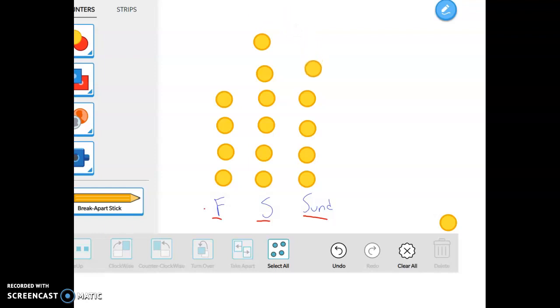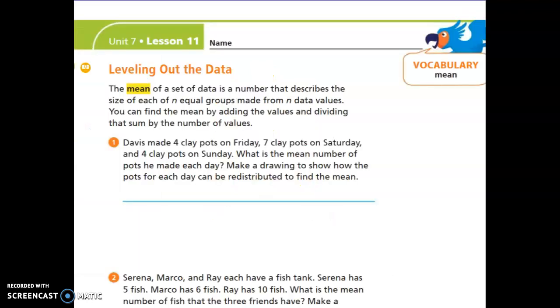I'm going to move this one over here to make this Sunday's column a little taller, and then I'm going to move this counter over here. And now you can see I have the same number of counters for each day. How many is it? 5. So we can say the mean or the average for this set of data is 5. So back in your textbook, we're going to write 5.